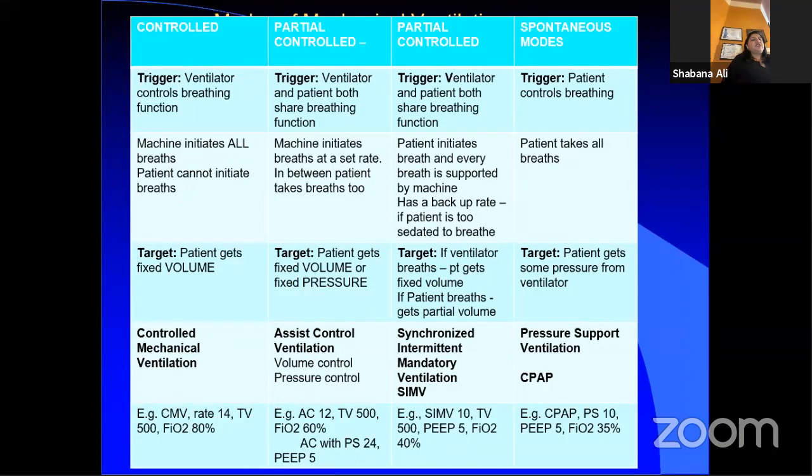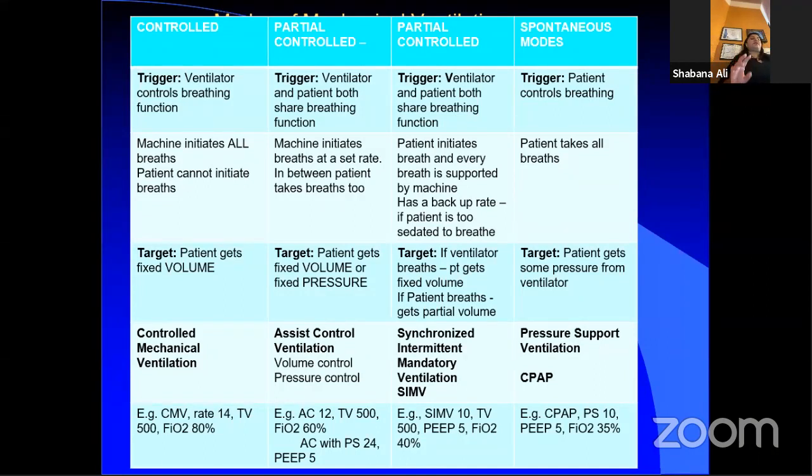Next slide, please. If you see this comparison, we will focus on one column at a time. So go to the control. There are three ways basically through which the ventilator helps a patient. Either in a control mode. Control mode ventilation, as the name says, everything is controlled.